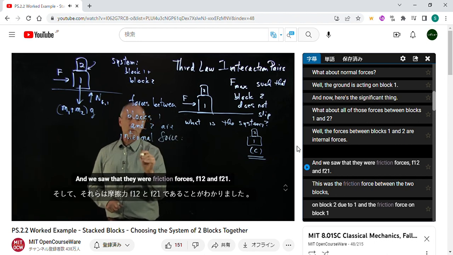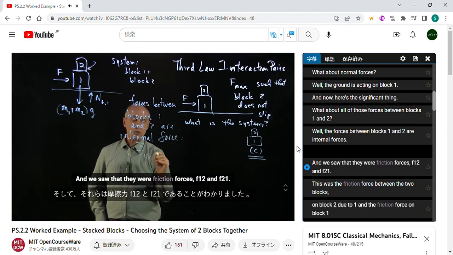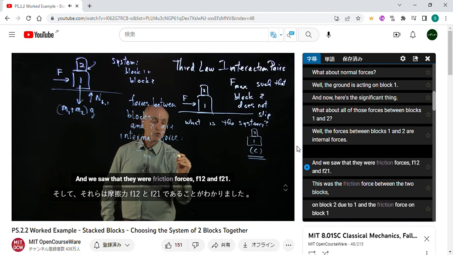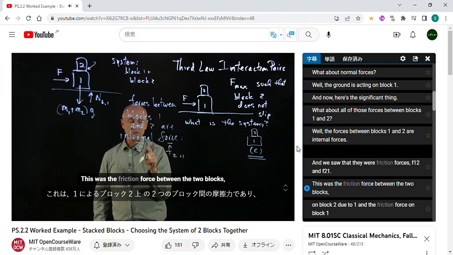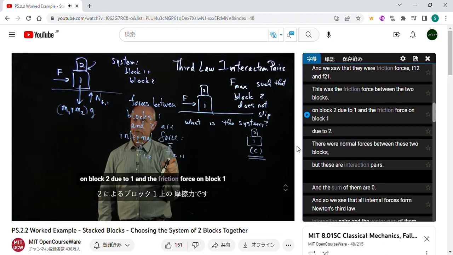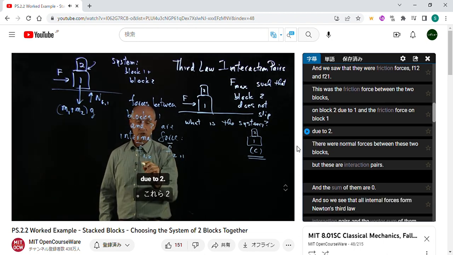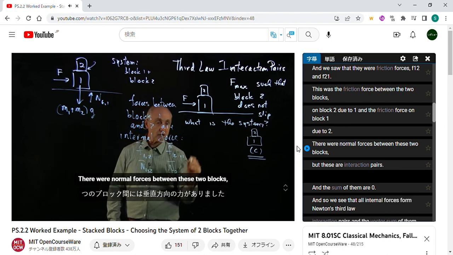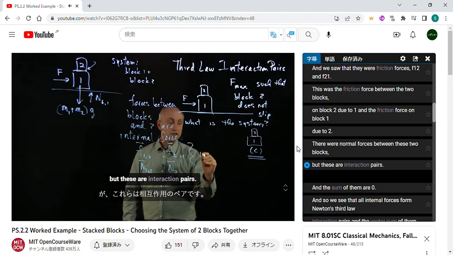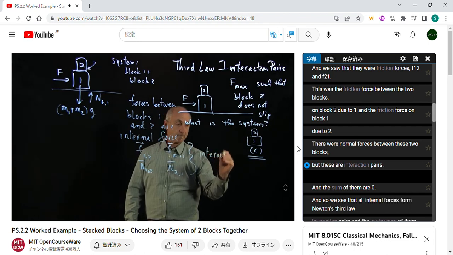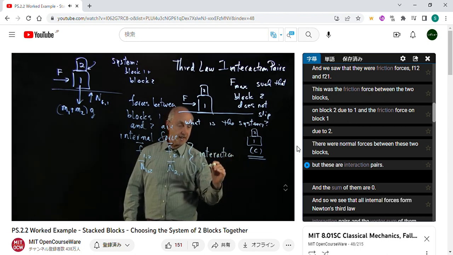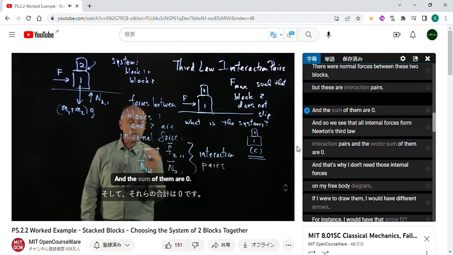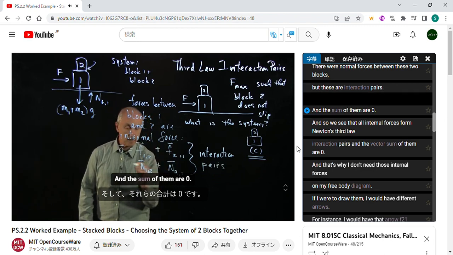And we saw that they were friction forces, F12 and F21: the friction force on block 2 due to 1, and the friction force on block 1 due to 2. There were normal forces between these two blocks, but these are interaction pairs, and the sum of them is 0.